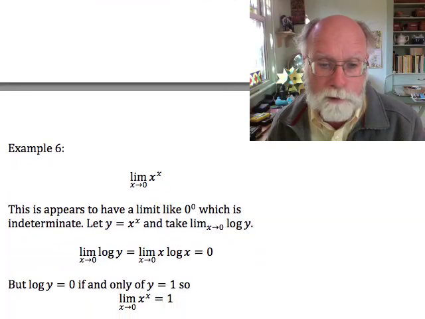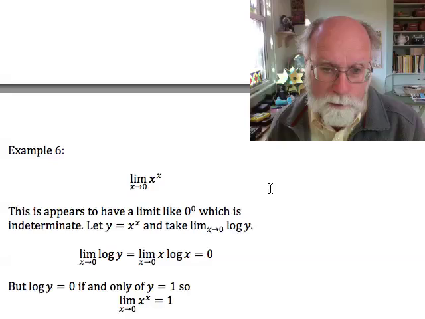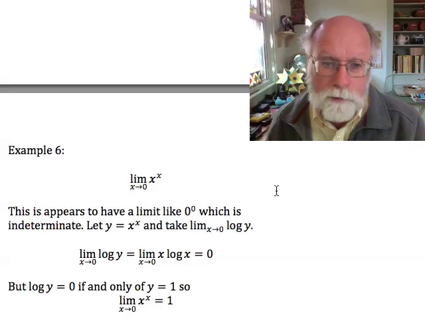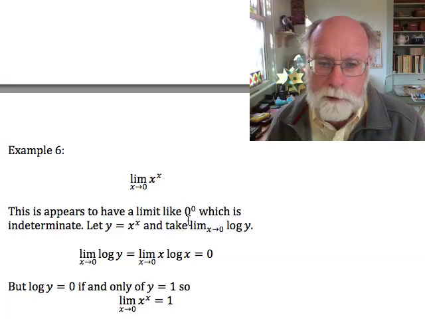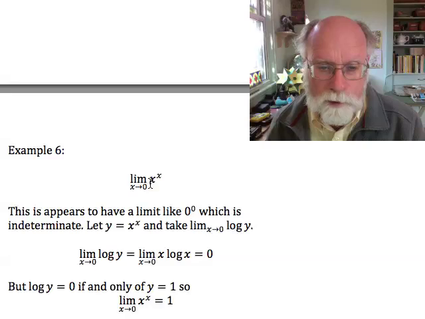Okay, the sixth and final example is the limit as x goes to 0 of x to the x. This appears to have a limit like 0 to the 0. And 0 to the 0 is an indeterminate form because the base is trying to make this limit come out 0, because 0 raised to any power is 0.